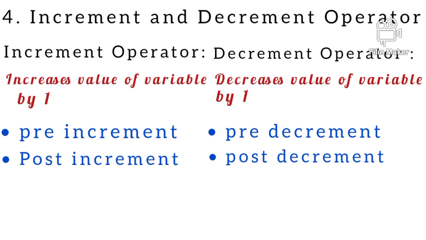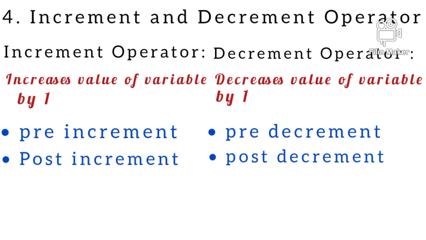So firstly, let's understand increment operator. It increases value of variable by 1. This increment operator is divided into two types, pre-increment operator and post-increment operator. So firstly, let's understand pre-increment operator.